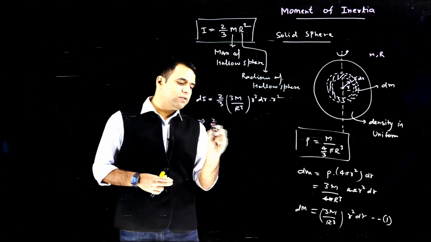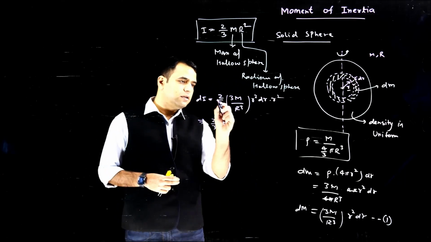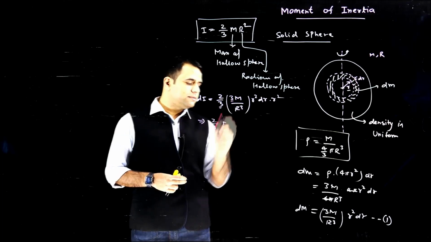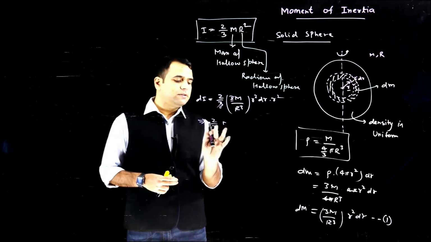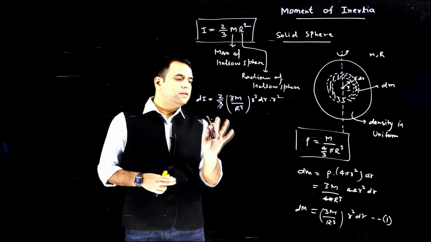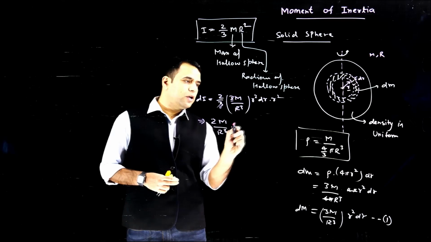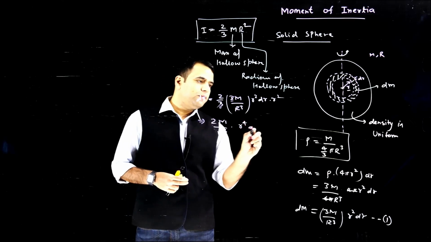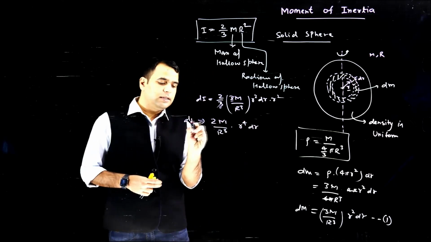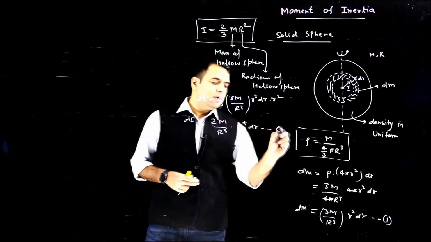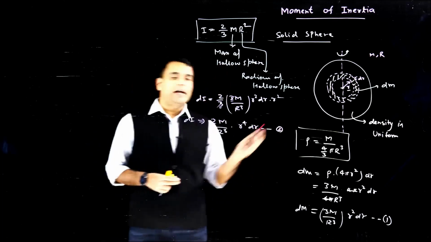So that value will be equal to 2 by 3. You see this and this, they will cancel out. So this value will be 2M upon R cube multiplied with r to the power 4 dr. That is the moment of inertia of my element about the diameter.